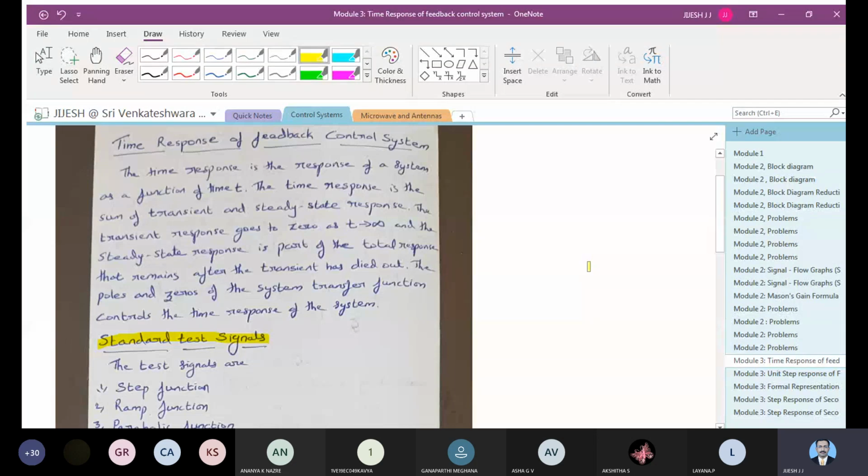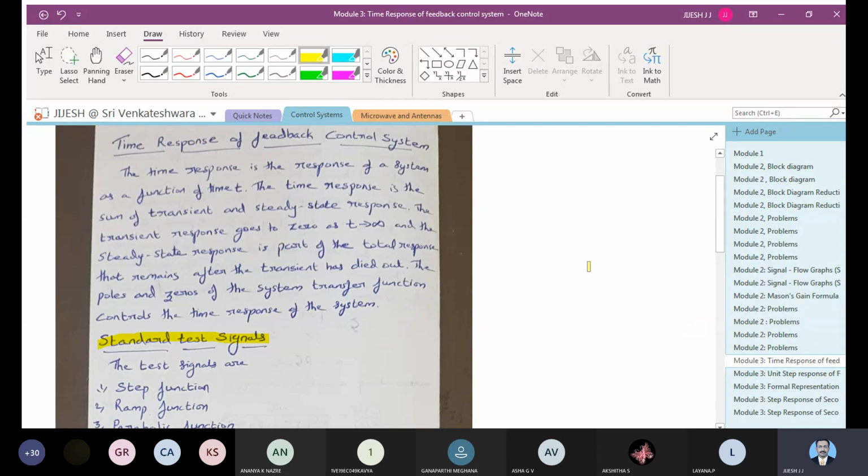So that's why, if it goes to an unstable state, how much time it takes to come back to stability, all those things we have to find out from this module 3.